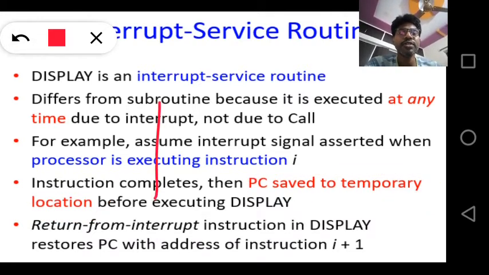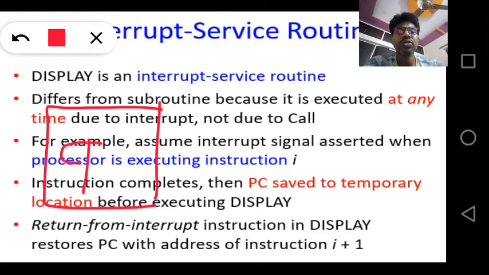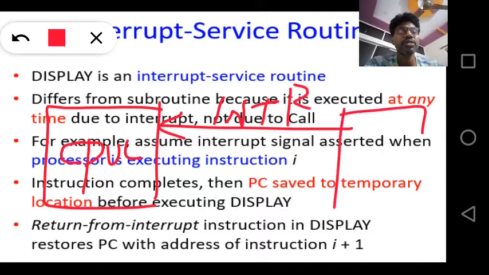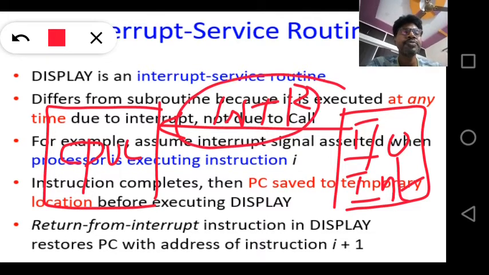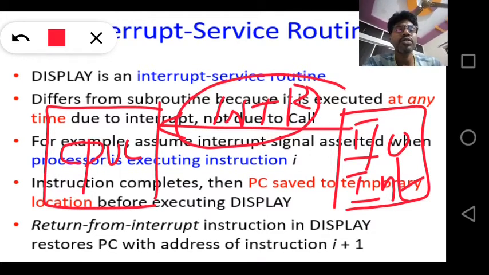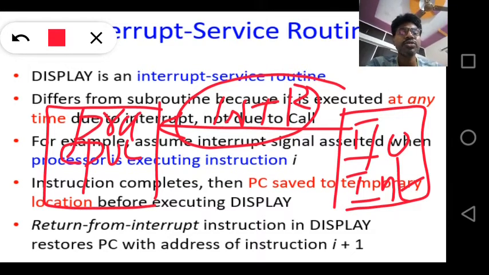See, when the processor or CPU, we are learning step by step. First, we understand that the IO interface generates an interrupt request signal, and upon receiving the interrupt request signal, what does the processor have to do?